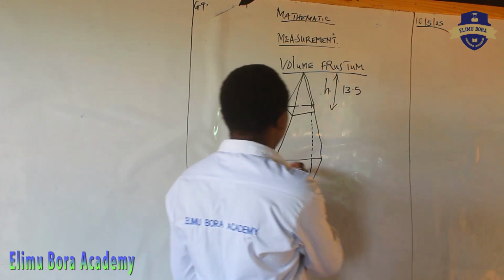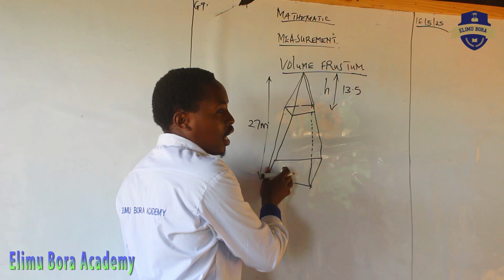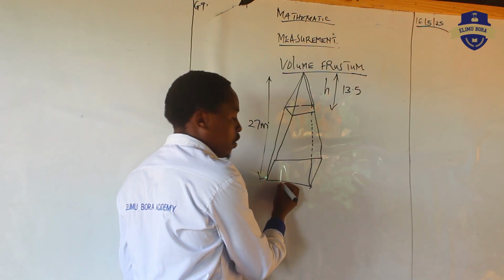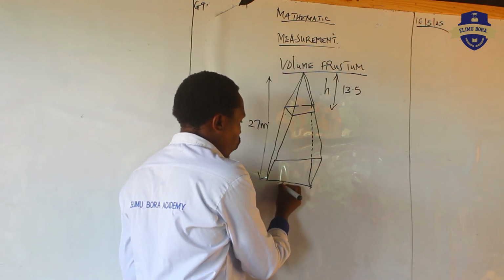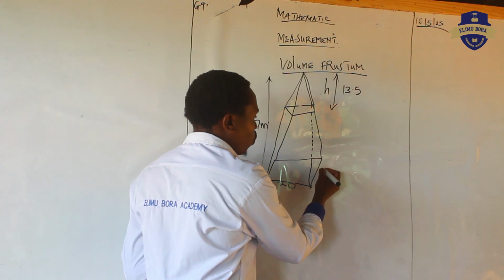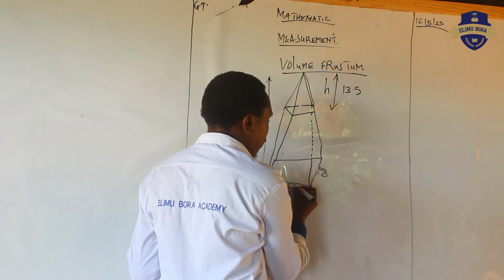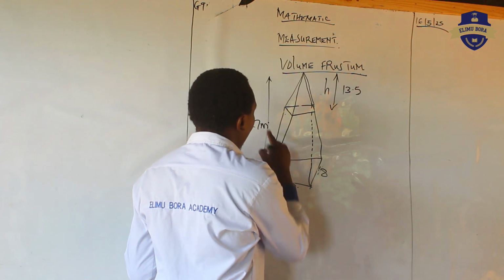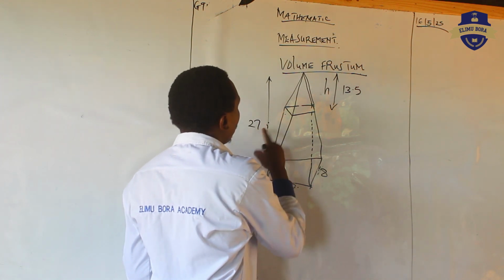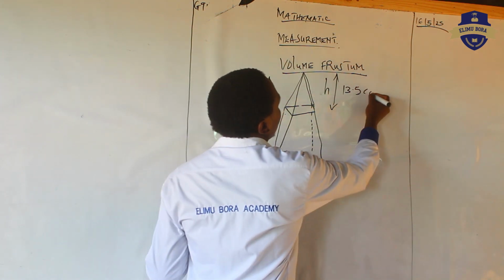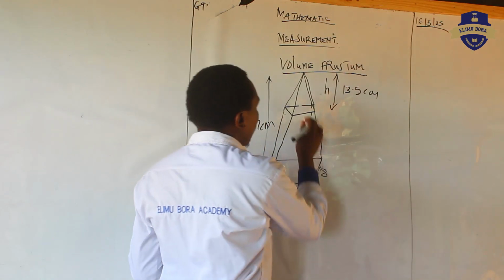Then you have been given the measurement of the rectangle. Which measurement is here, class? 20 and 8. So these are which measurement? Meters or centimeters? Centimeters, then centimeters.